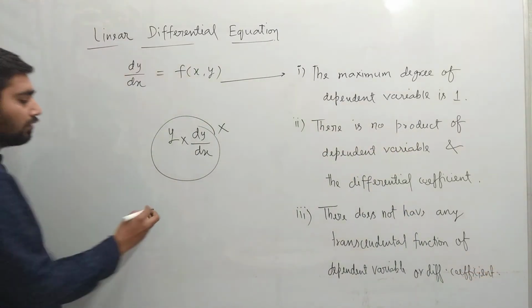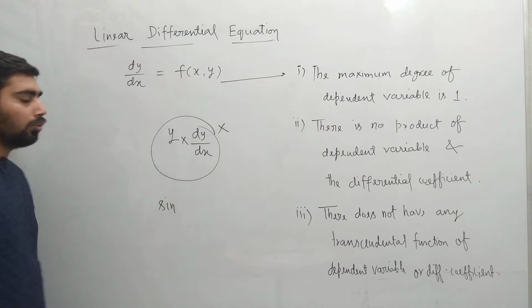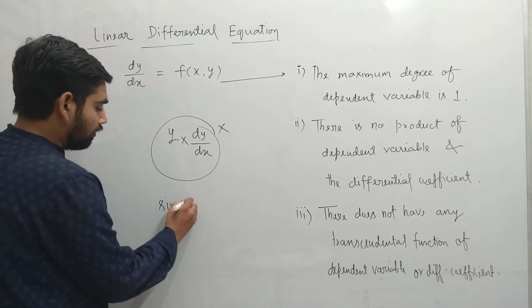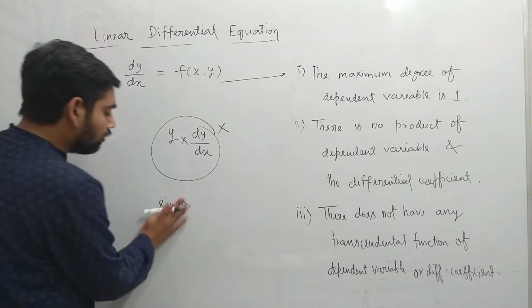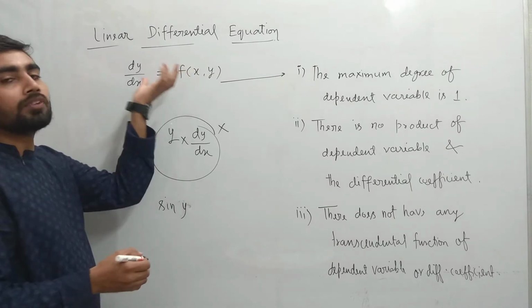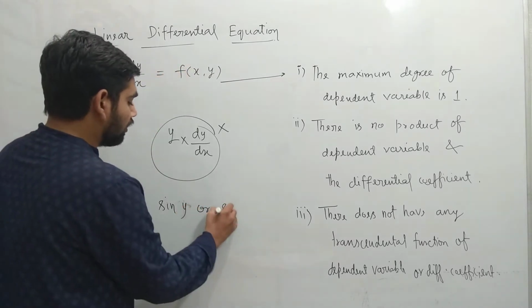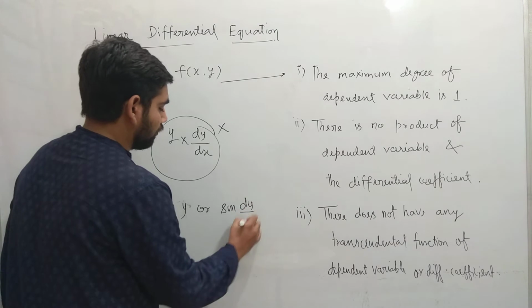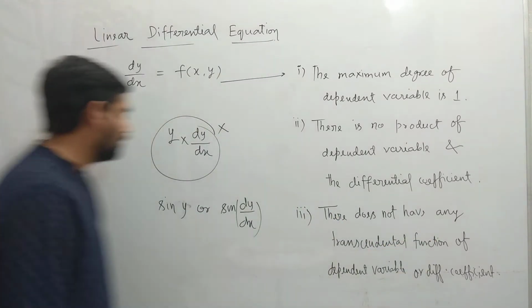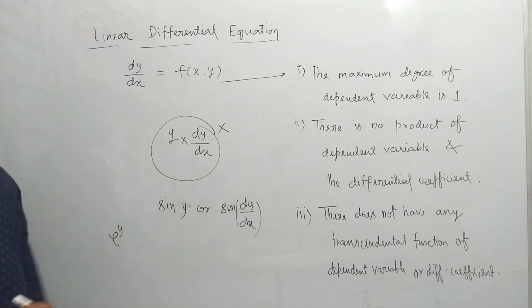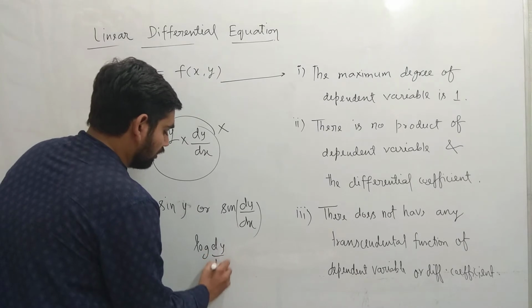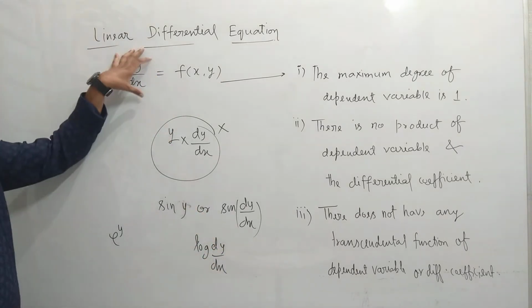Suppose we have a transcendental function sine. Now this transcendental function cannot occur with respect to a dependent variable or the differential coefficient. We cannot have sine y in this type of differential equation for it to be linear, or sine dy by dx. It is not only sine, it is for all the transcendental functions. We cannot have e to the power y, we cannot have log dy by dx. So this type of terms cannot occur in this differential equation.